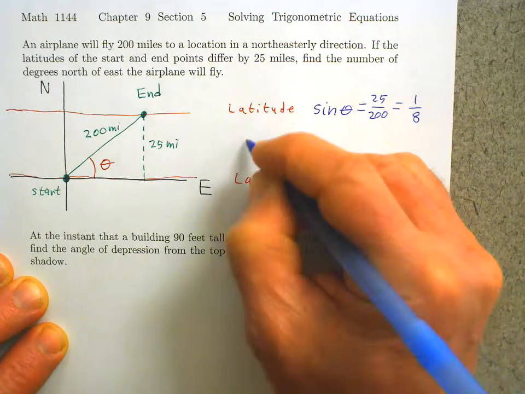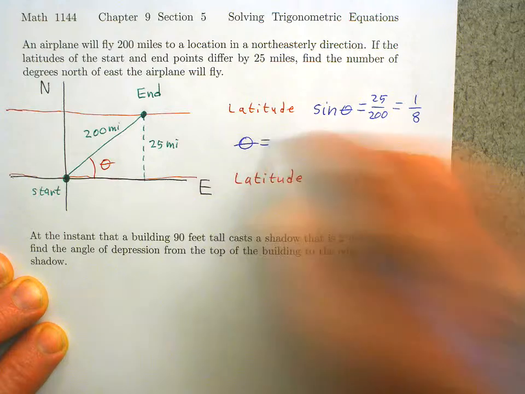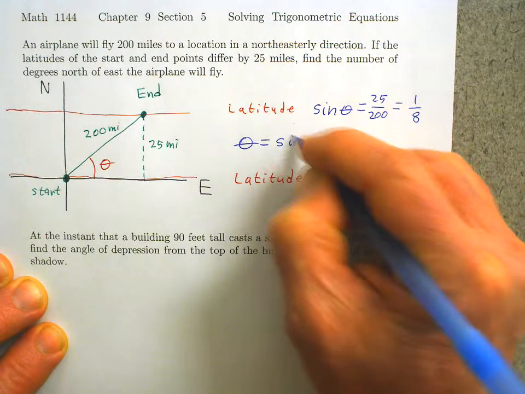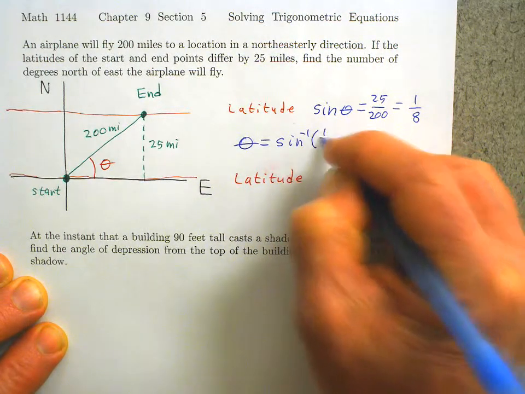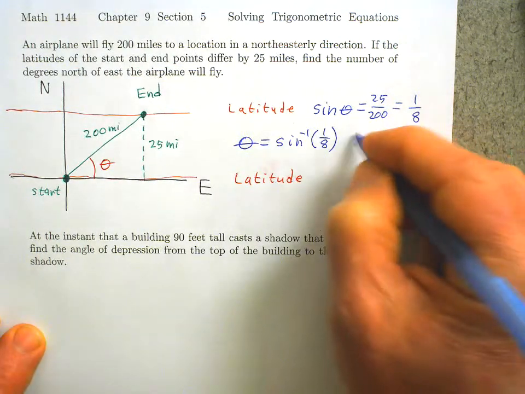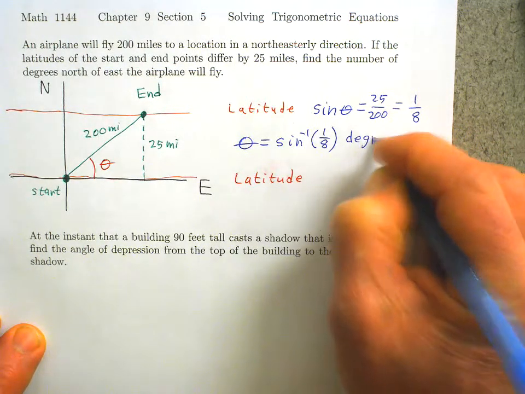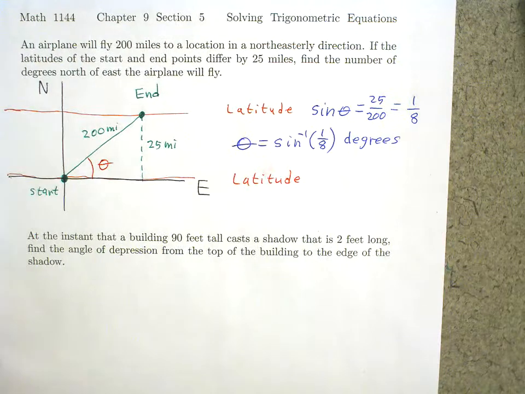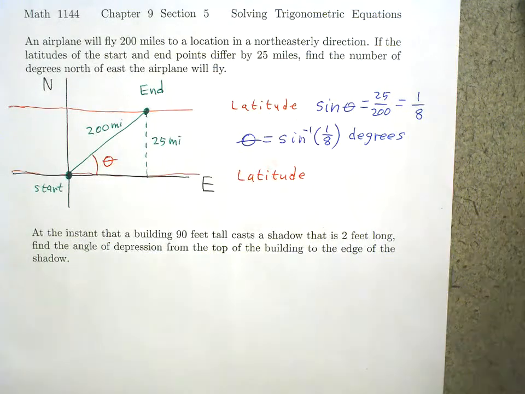And so theta is the inverse sine of 1/8. And they want it measured in degrees. Okay, so that's all there is to that one.